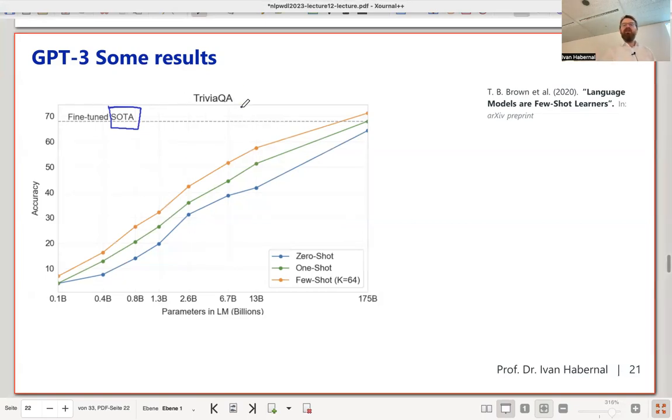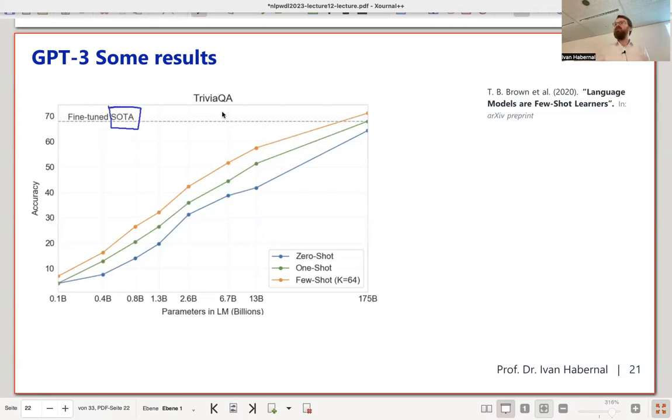TriviaQA. I don't know exactly the task, but it's some sort of trivia question answering, like who was the first president of the US, something like that. That's what I'm assuming; there are details and a link to the data in the paper. So the model has to know some knowledge, right?